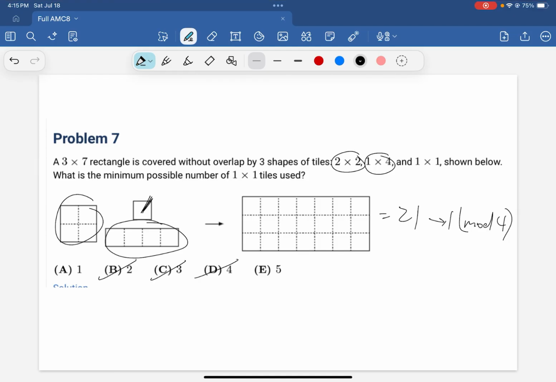Now if we try a bit, if we just try to draw some squares like so, no matter how we try to draw it, it's not going to be possible to leave only one square left. If we try like this, we're still not going to have one tile left. So we need to have 5 of these. So that means the answer is E, 5.